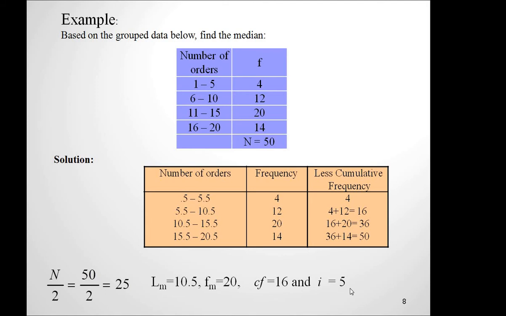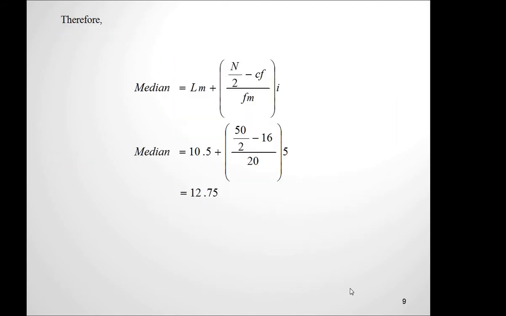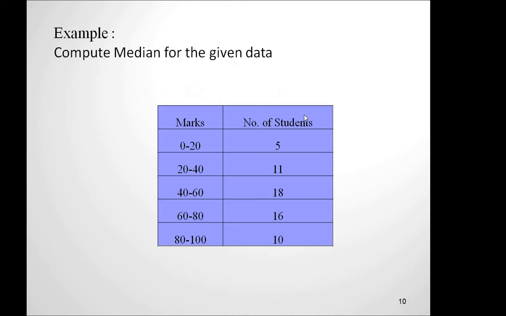Let us substitute these values in the given formula. So we get median equal to 10.5 plus (50 divided by 2 minus 16) divided by 20, into 5. After simplification, we get median equal to 12.75.